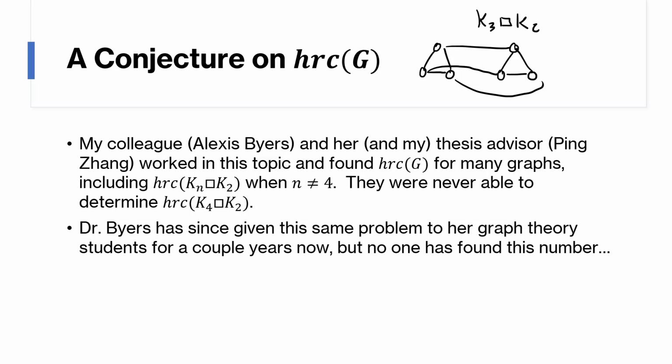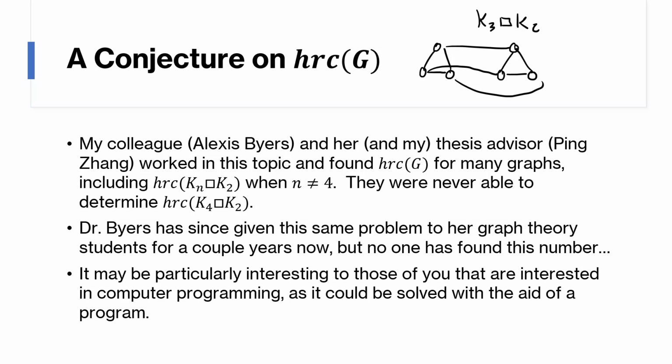One interesting aspect of this problem is that if you're very interested in coding or programming, since this is just to determine this number for a specific graph, you could try and write an algorithm to sort of brute force search through all the colorings and either find one that works.